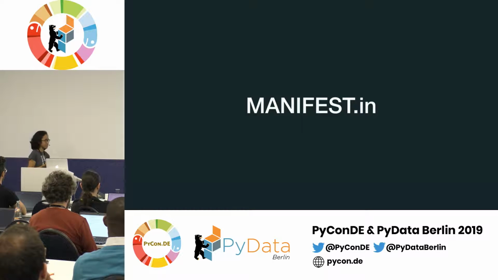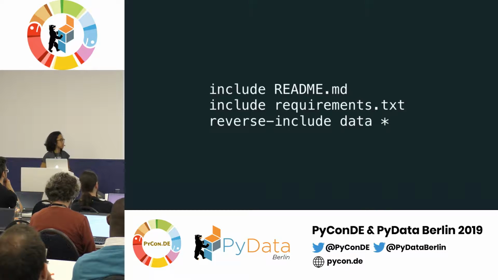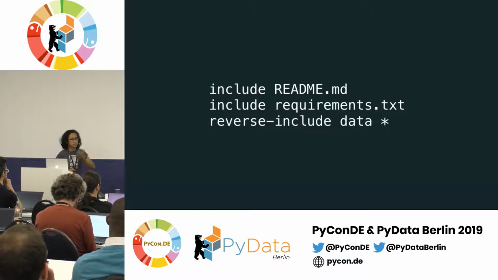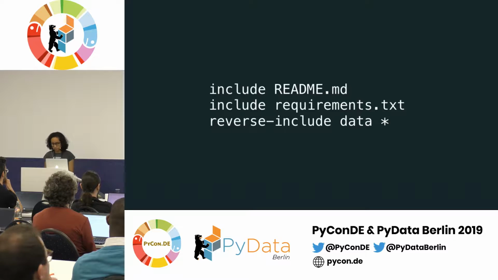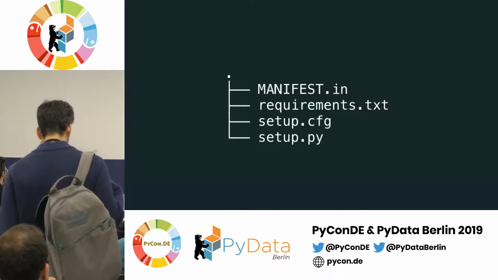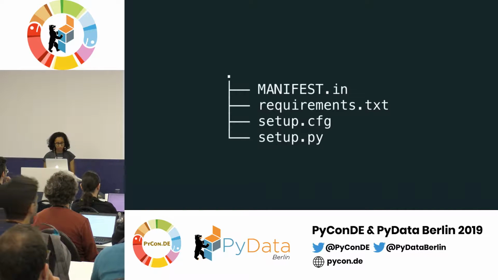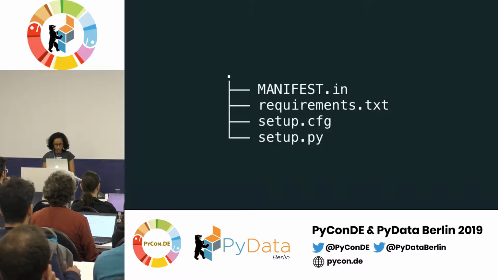It's the MANIFEST.in, and in this file, you list non-Python files that you want to be distributed along with your package. These could include stuff like the README, the requirements.txt file, and any, I don't know, data files that you might have. To recap, these are the four files that you will probably end up with if you are developing a library or application.